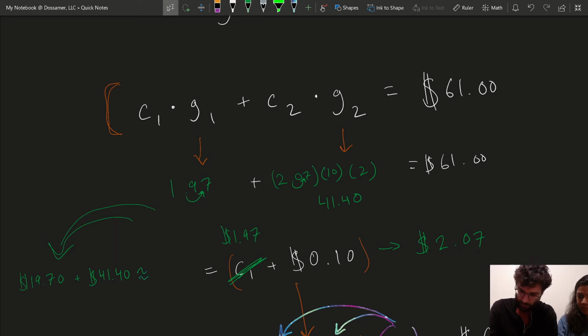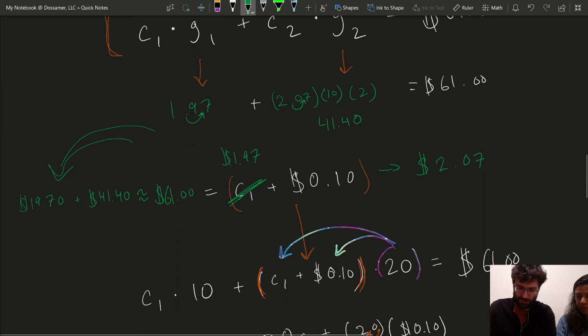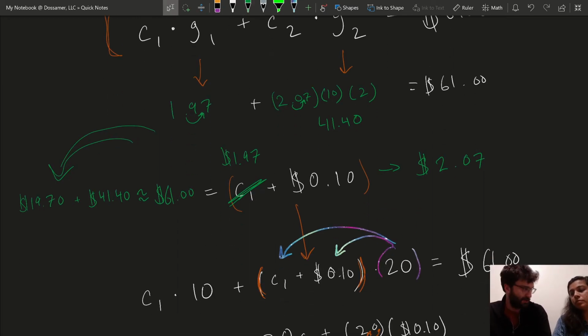So then to rewrite it all more cleanly over here, we have $19.70 plus $41.40, which should be, if we've done our job right, approximately $61. And let's see if it is. So 19 and 41 is 60.